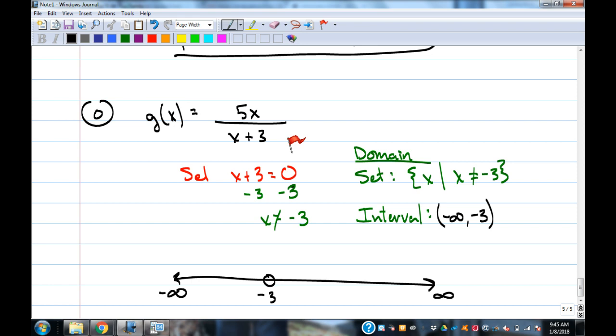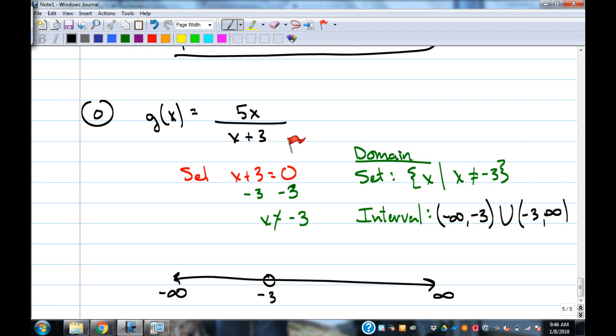And then we're going to jump over that. And we're going to put a union symbol, which is just a big U. That means union. That means you hop over the -3 and you start right after -3. And everything's good all the way up to positive infinity again. So positive infinity right there.